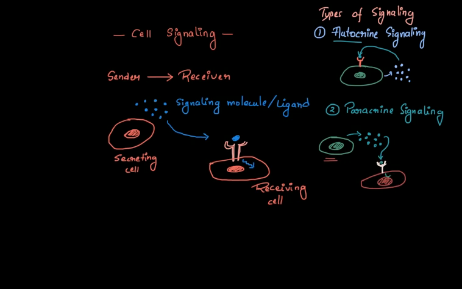It would bind over here and this would transmit some signal inside the cell that would dictate its fate. So since it is in close proximity, it is called paracrine signaling.